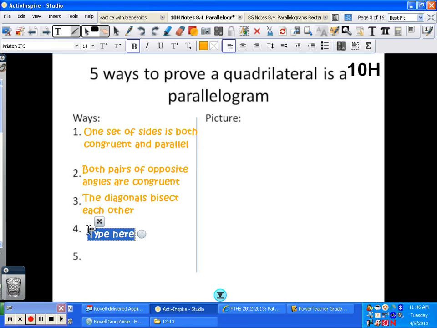If the consecutive angles are supplementary, we can prove it. And if both pairs of opposite sides are congruent.